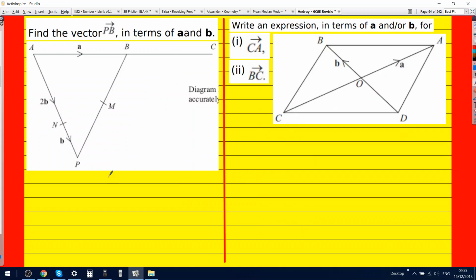One on the left. So minus 3B plus A. Right.